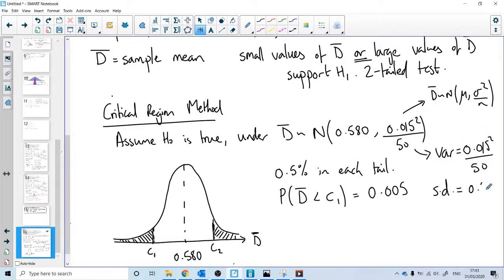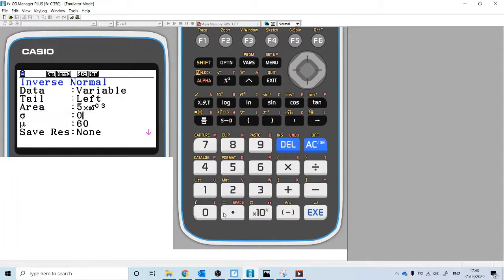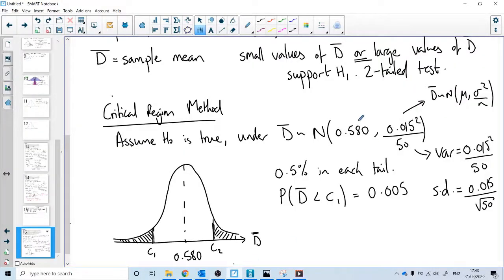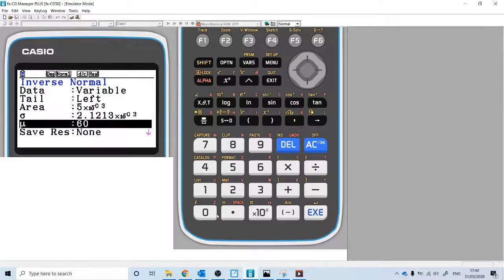So if we square root the variance, we're going to square root the top, square root the bottom. So we just need to type in 0.015 divided by the square root of 50, or you could work that out in advance. And mu, under H0, our mean of our D bar distribution is 0.580.